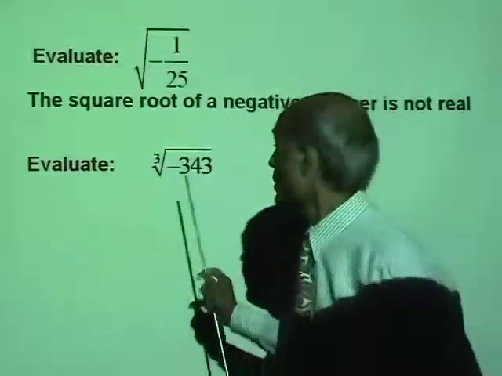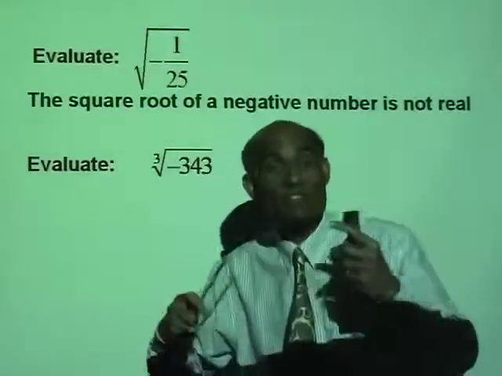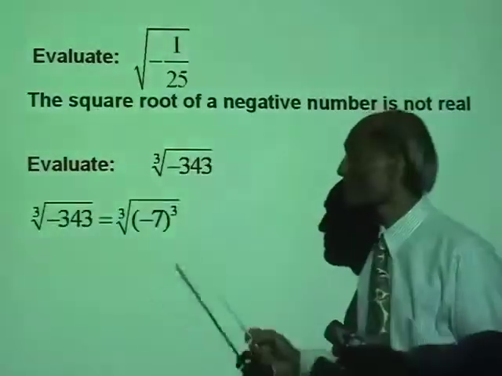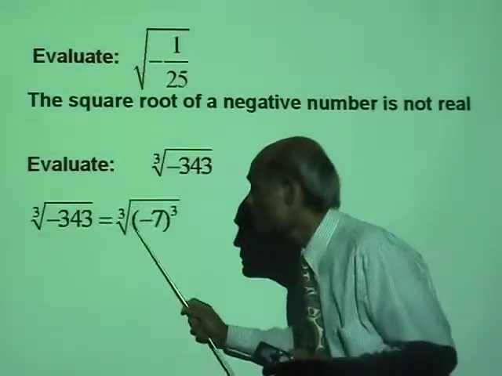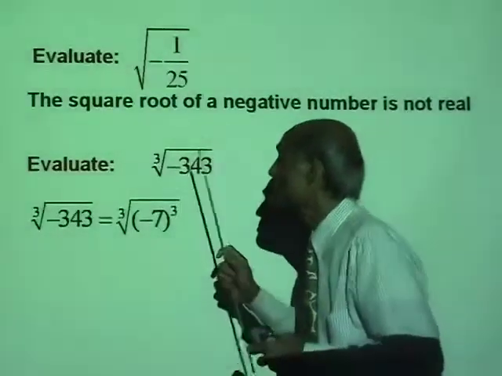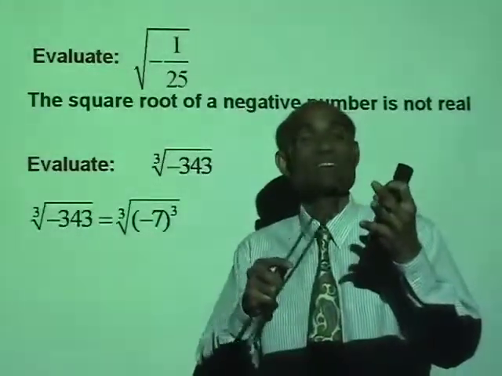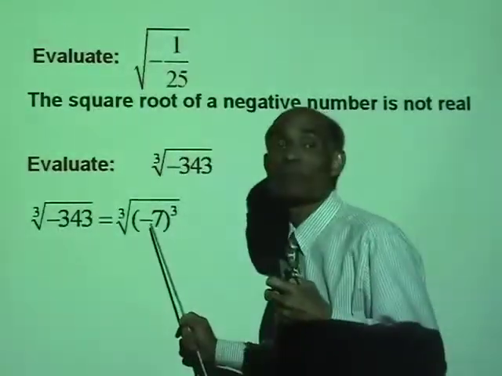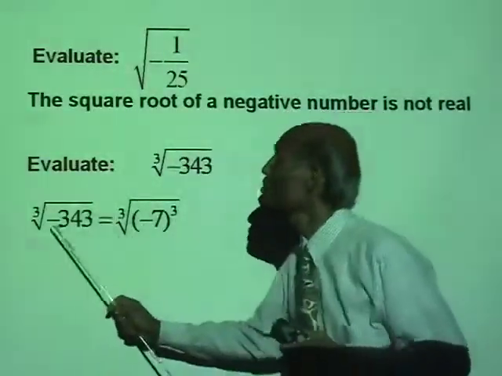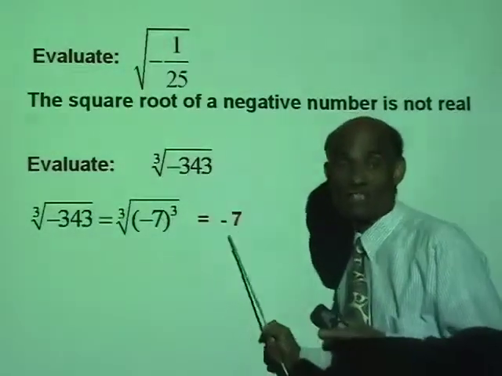Now, negative 343 is negative 7 raised to the power of 3. Look at this. So this is the same as cube root of negative 7 raised to the power of 3. Negative 7 times negative 7 times negative 7 is negative 343. So what is the cube root of negative 343? It is negative 7.